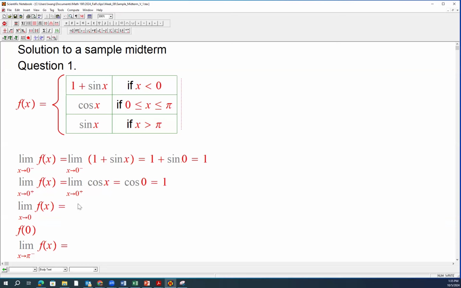And because the limit from the left and the limit from the right are equal, the limit when x approaches 0 is 1. You can indicate, you don't have to, that this is because the limit from the left and the limit from the right are equal, and it equals 1.